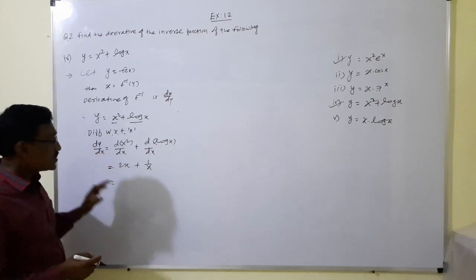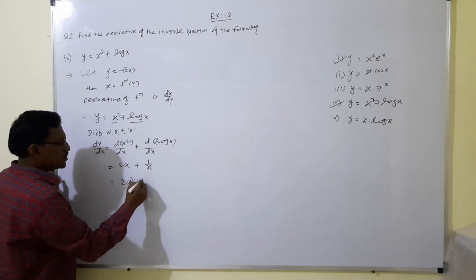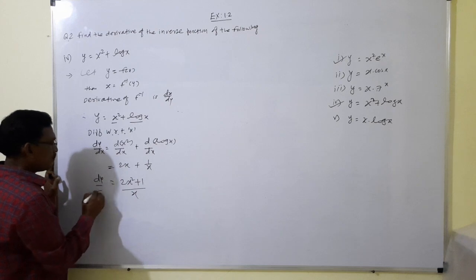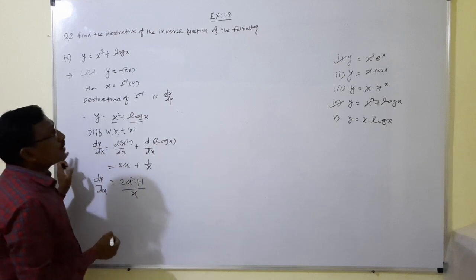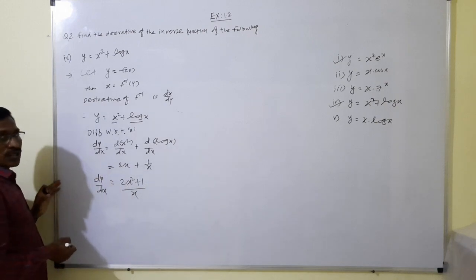We simplify this: dy by dx is 2x plus 1 by x. This is the derivative of y with respect to x, but we have to find the derivative of x with respect to y, that is, its inverse function.